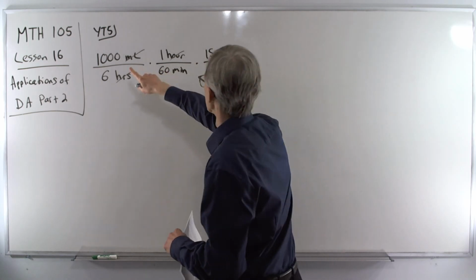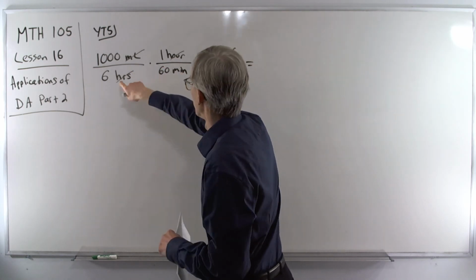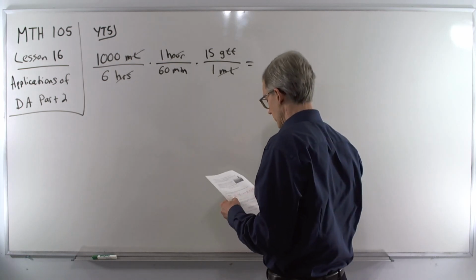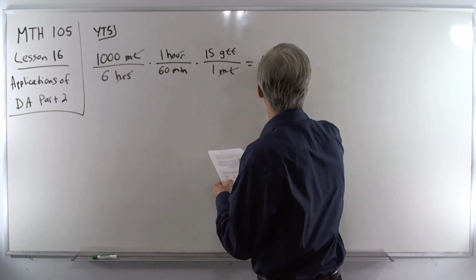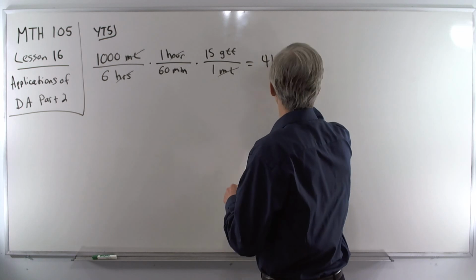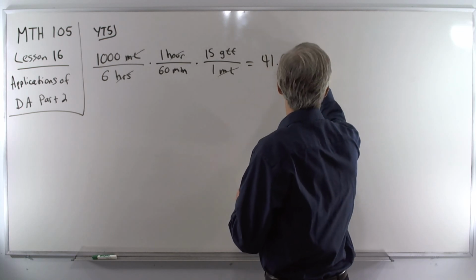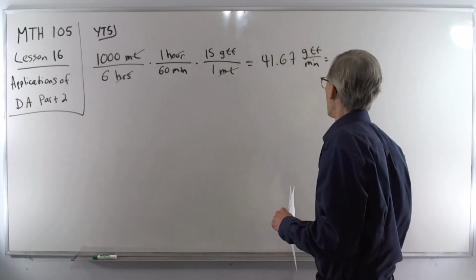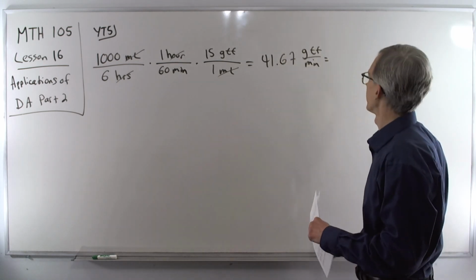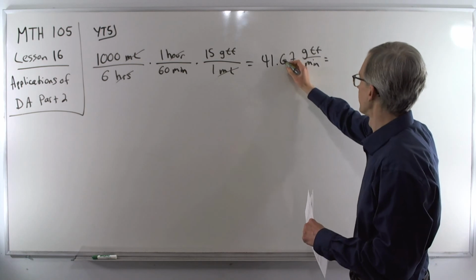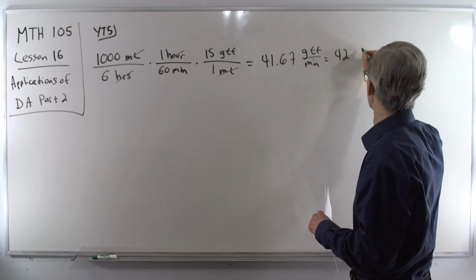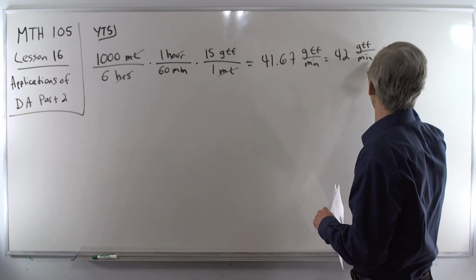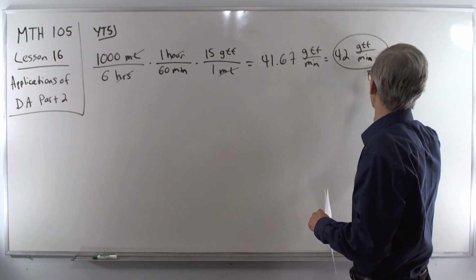So now we'll do 1,000 times 15 divided by 6 divided by 60, which gives us 41.67 GTT per minute. And since it's really hard to count out a fraction of a drop, you usually just round, so we'll do 42 GTT per minute. Round to the nearest whole drop.